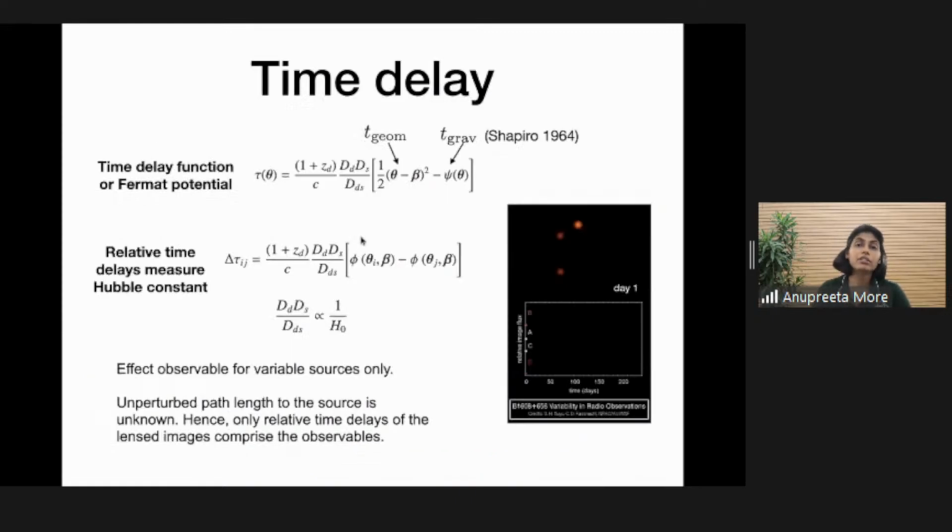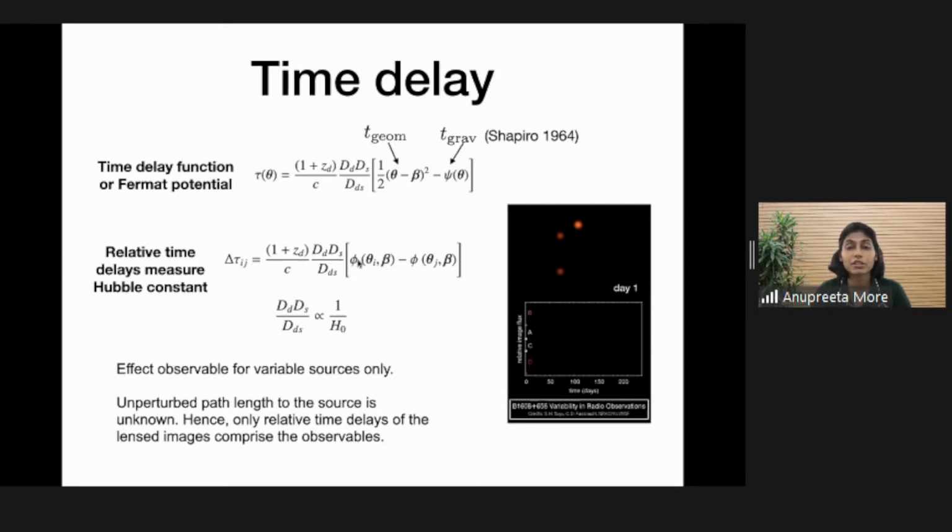All right, and now the third observable is the time delay. Again, you learned about the time delay function and how the time delay is affected by two factors. One is the geometric time delay, and the other is based on the gravitational potential. Again, to remind you that all of the quantities that we can measure are relative quantities.